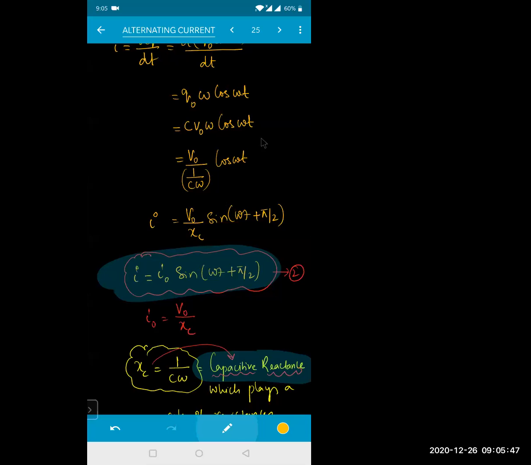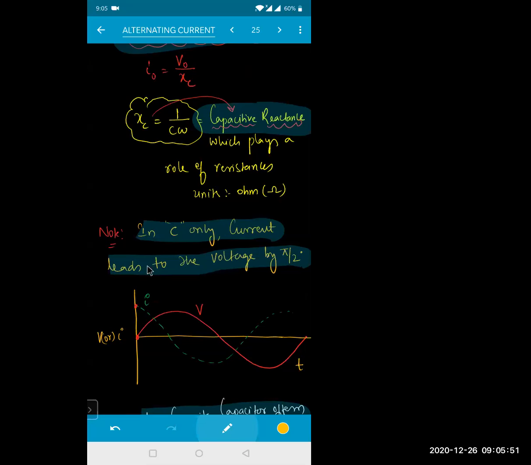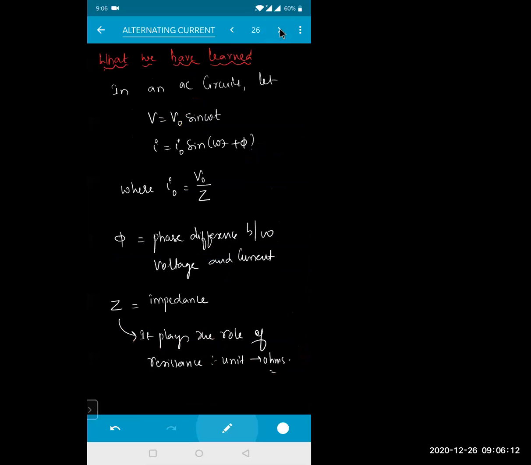I have written that point here: when alternating current is passing, the current leads the voltage by pi by 2, or you can write the opposite point, the voltage lags the current by 90 degrees. That's what we have taken right now.